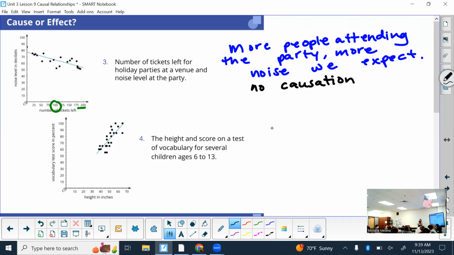Do you think that in this class, the taller kids are the smarter kids? Does height play into how smart you are when we just talk about our class? No, but why does it make a difference in these children that they observed?